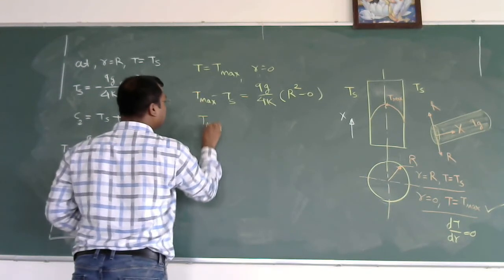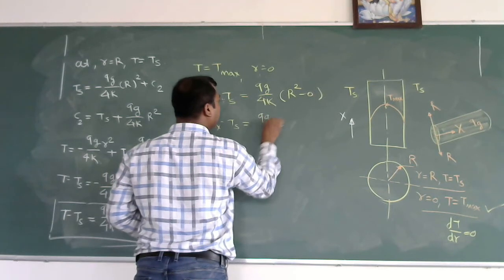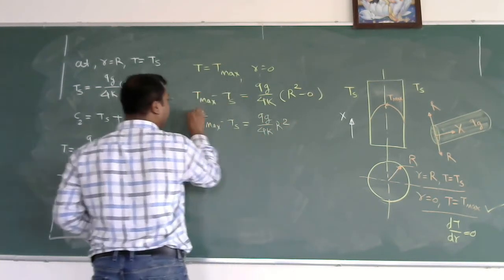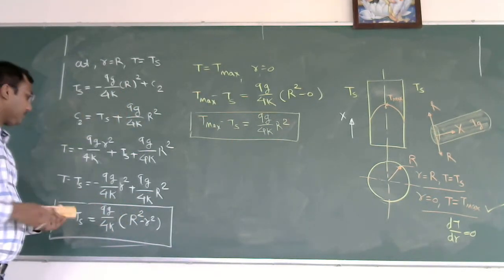So T max minus Ts is equal to Qg by 4k into R square.